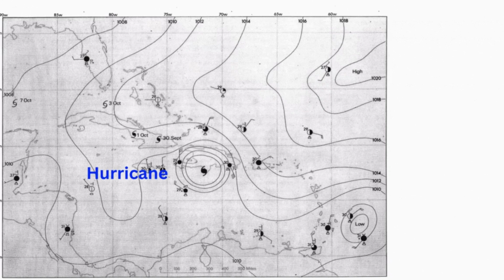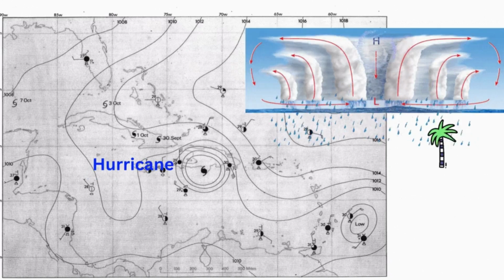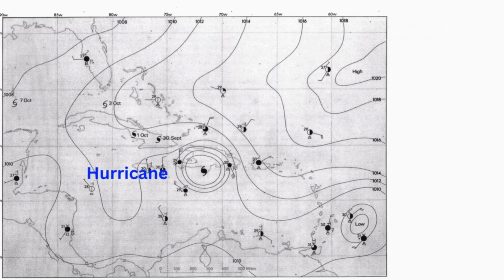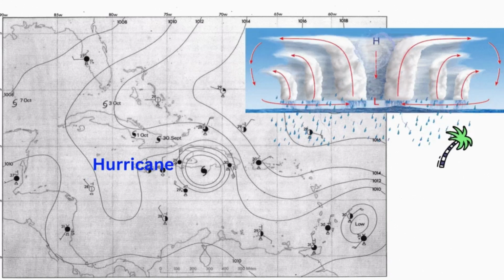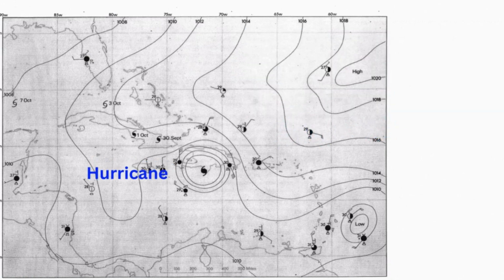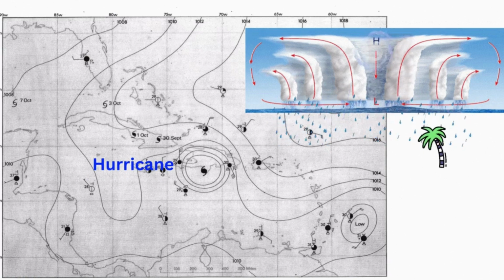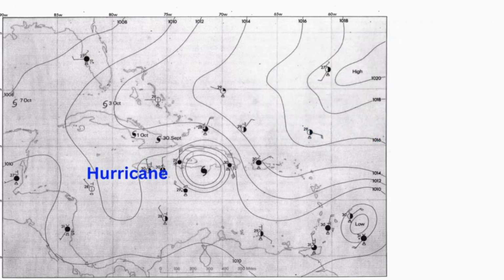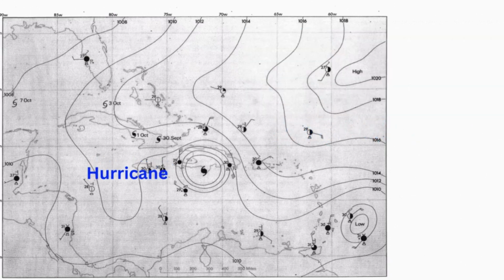The symbol on the weather map over Hispaniola represents the eye of the hurricane. Notice that around the eye, the isobars are circular, they are closed, and this indicates that this system is a cyclone.